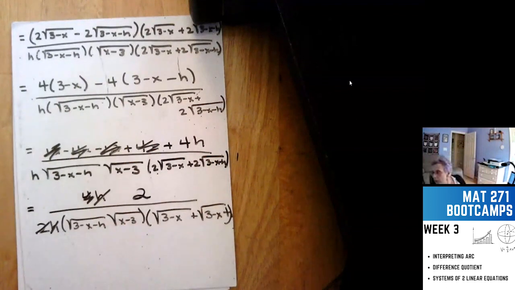Wouldn't you want to multiply by the conjugate first, then distribute? You mean when I pulled this 2 out?